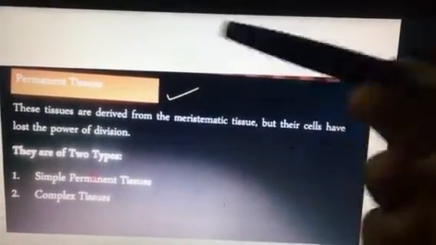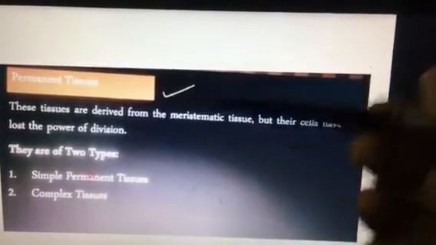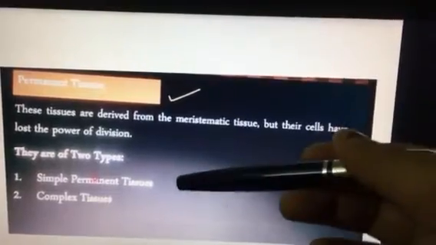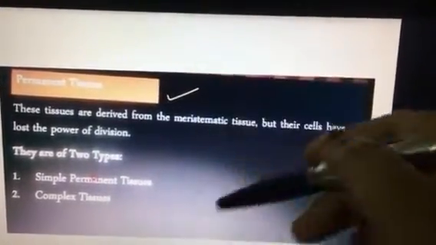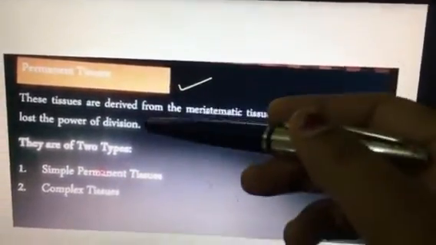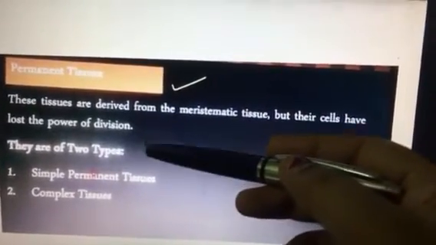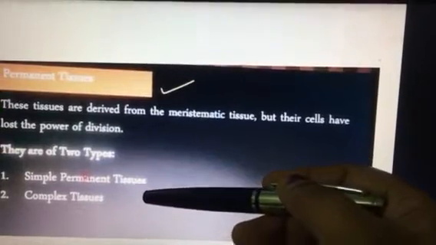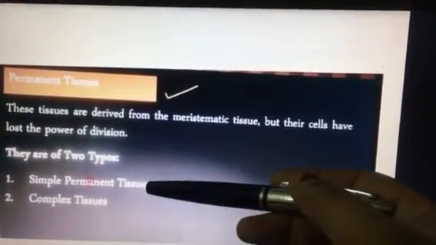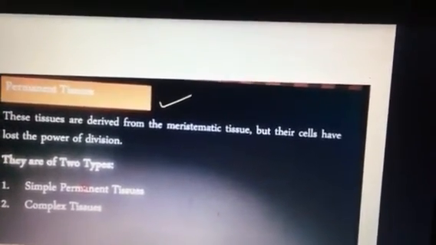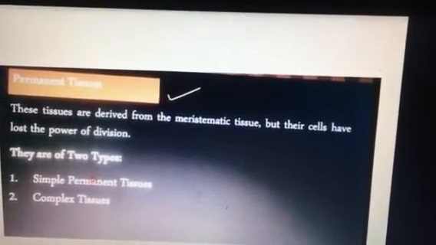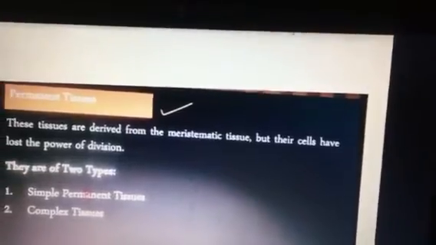They either differentiate into different functions like leaves, roots, plant body, fruits, flowers, or are responsible for storage. There are two types of permanent tissues: simple permanent tissues and complex permanent tissues. Today we will be discussing only the simple permanent tissues in this video. Let us go to the other presentation.